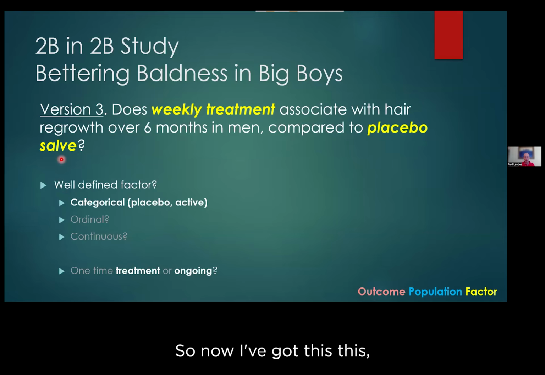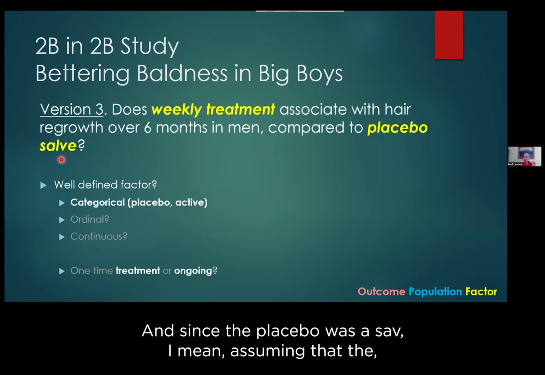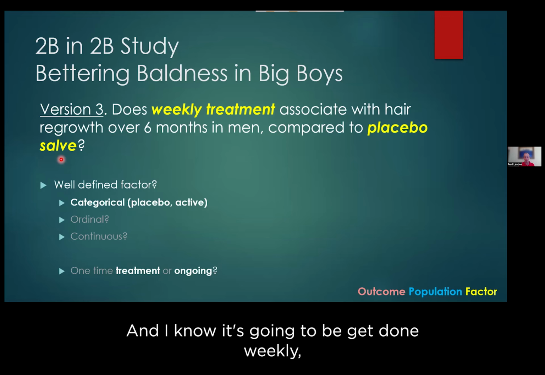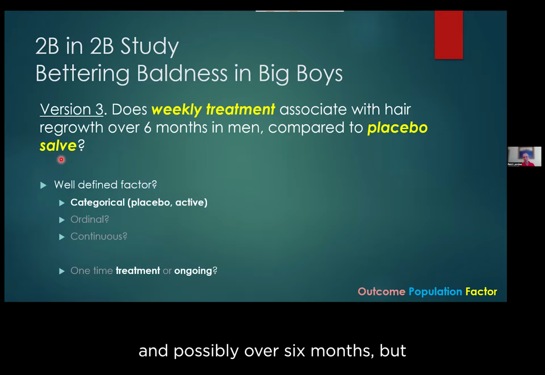So now I've got this experimental treatment, and since the placebo is a salve, I'm assuming that the active treatment is also a salve of sorts. And I know that it's going to be done weekly and possibly over 6 months. But I also have the comparator as well, the comparator factor. And so now that has helped us better understand what this factor under study is.